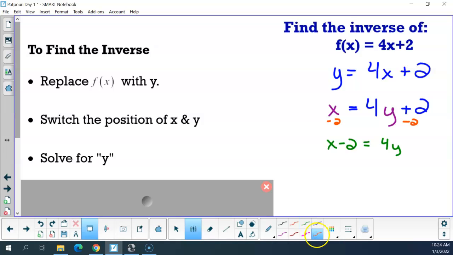So that becomes x minus 2 over 4. Or can I simplify that even more? What can I simplify it to? x minus 1 divided by 2. Do we all agree?